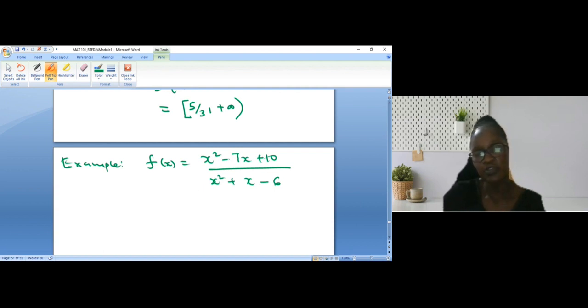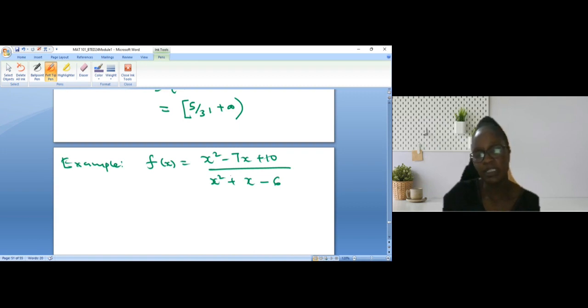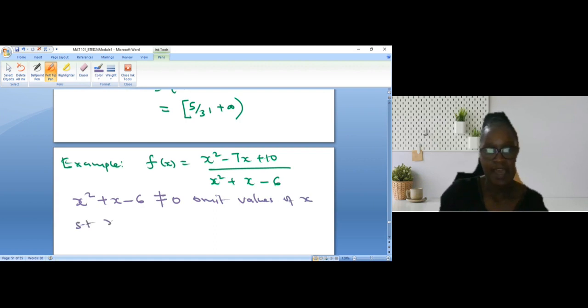But it's also important for us to look at the upper part. So in this problem, the first thing you need to do is just look at the denominator. So you're looking at values where x squared plus x minus 6 is not equal to 0, meaning that you omit values of x such that x squared plus x minus 6 is 0.